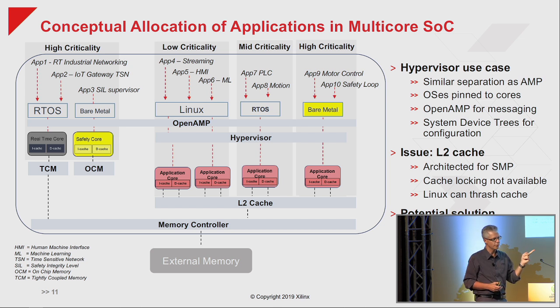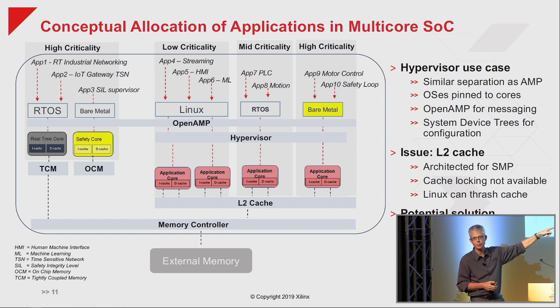But there's one issue here, which on the A53 and A72s and those kind of Cortex-A class processors, is that the level 2 cache is shared. So that means that if you have something that's very time critical, a real-time partition that really needs a deterministic response time for something, well, then you have Linux running over here.